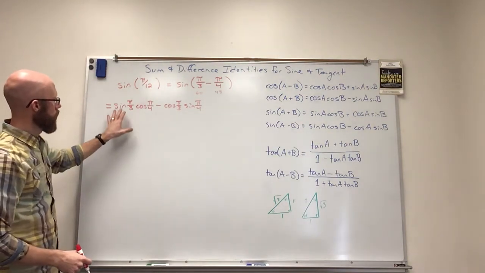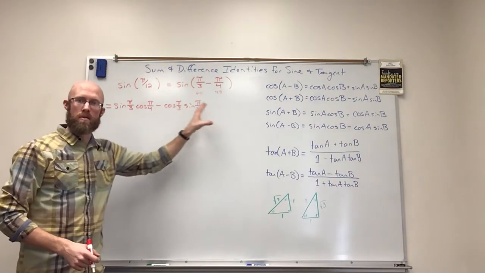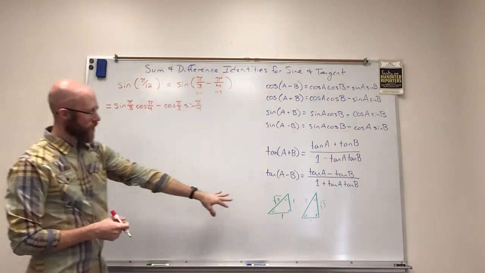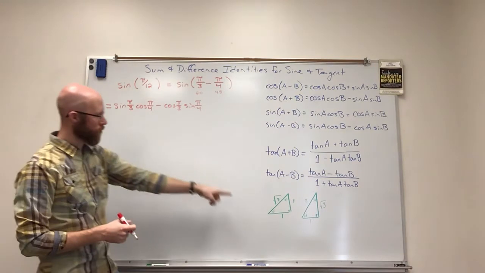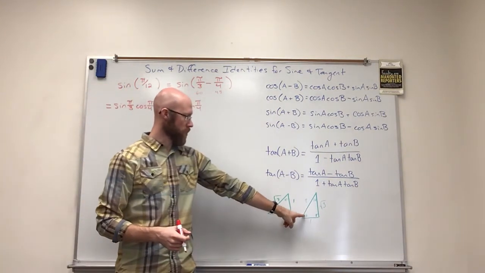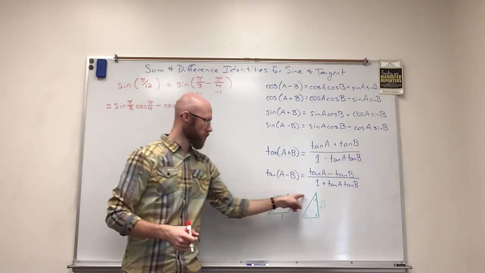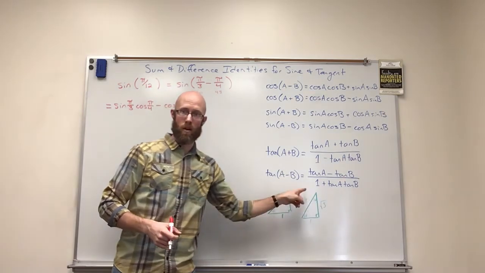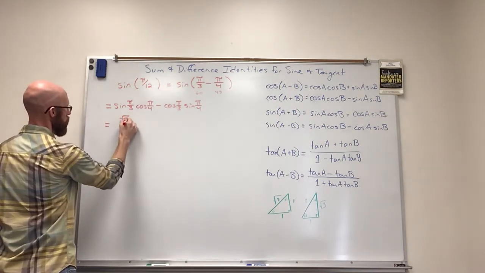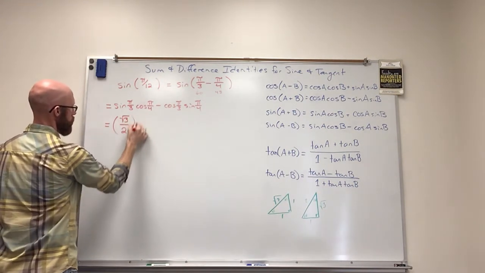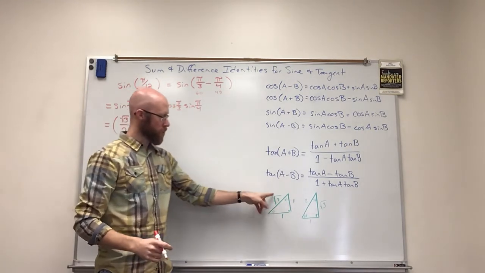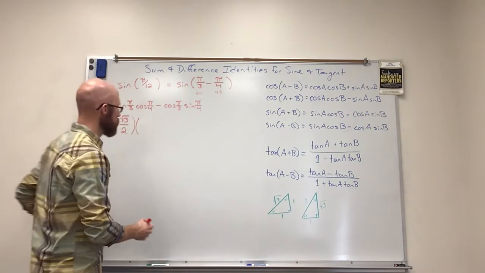Then I can evaluate each of those trig functions separately because we know those based on our special triangles. The pi over 4s are the 45 degree angles and the pi over 3s are 60. So the sine of 60 is root 3 over 2. The cosine of pi over 4, cosine is adjacent over hypotenuse, that's 1 over root 2.